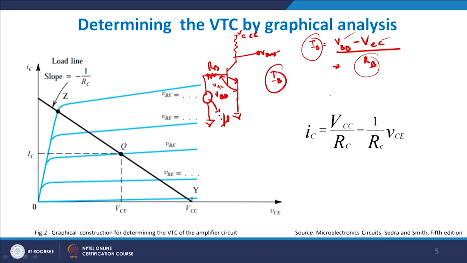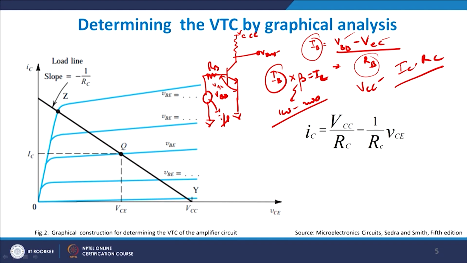Now, once you get IB, you need to multiply that with beta in order to get IC, and this beta is of the order of a few hundreds to 200, and I get IC, the collector current. Now, this collector current multiplied by RC gives you the voltage drop across the resistance. So, what is the output?